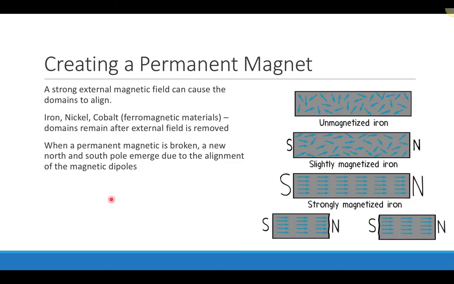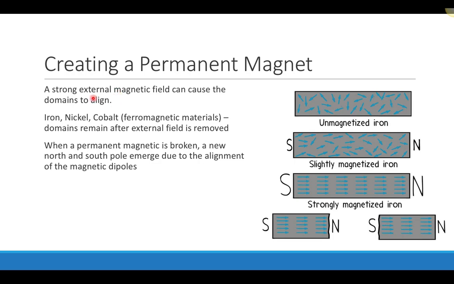So if we wanted to create a permanent magnet, we could take a piece of iron that is unmagnetized. So that's my picture right here, and here are my electron magnetic dipoles, right? These electrons behaving as little tiny magnets, and it's all random.